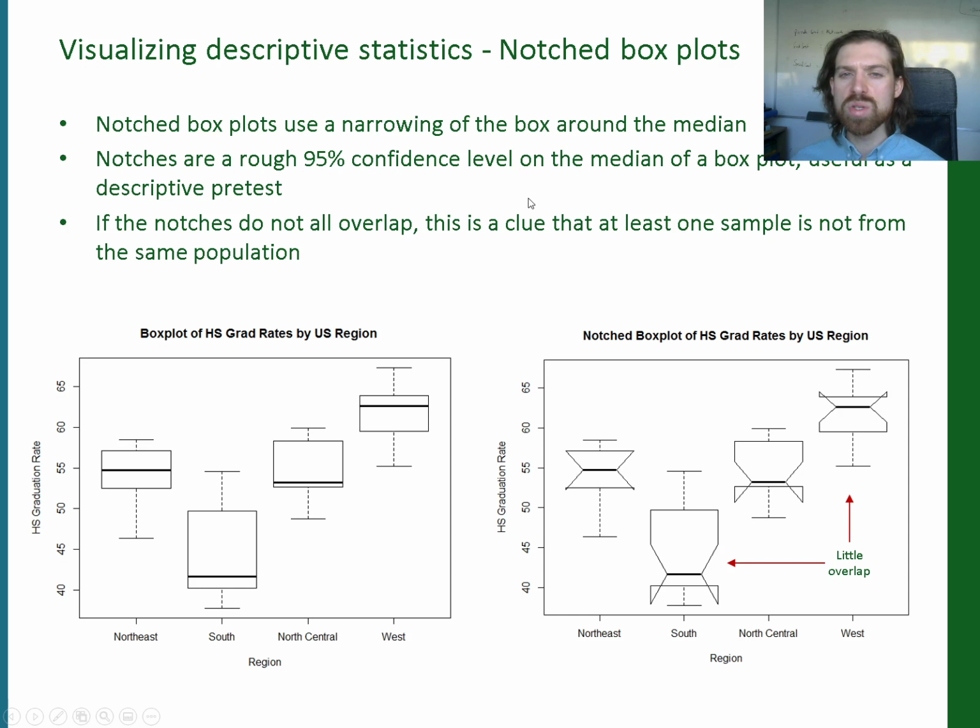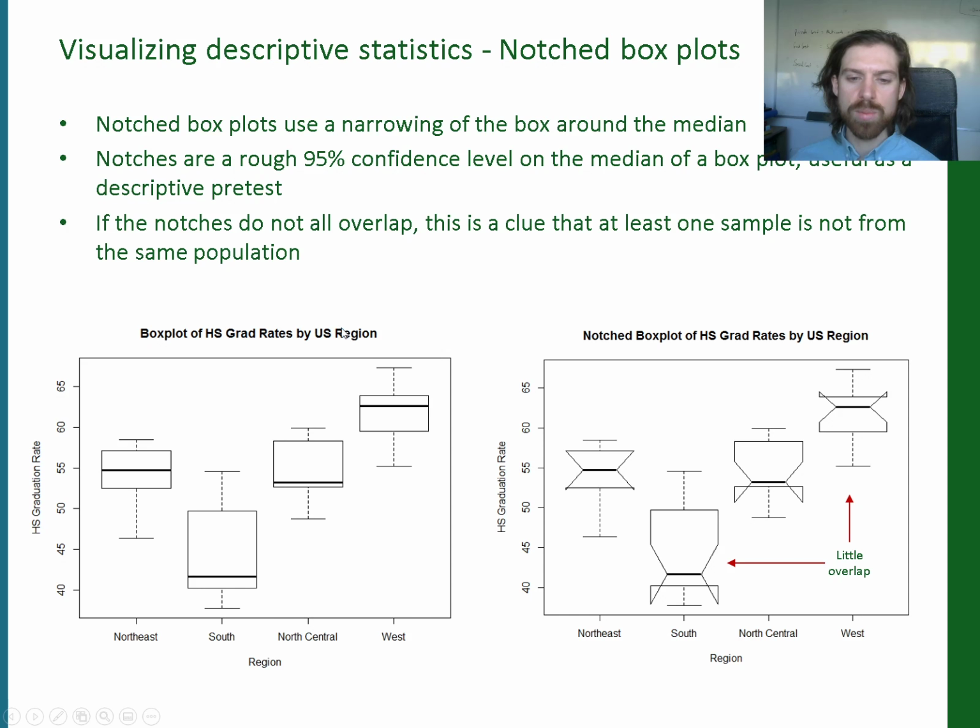So they're quite useful as a descriptive pretest to help you understand if the samples may be potentially different. So if the notches don't all overlap, then this is a clue that at least one sample is not from the same population. If we look at the box plot on the left-hand side here, we've got those regions, and we've got the high school graduation rate, and all of the states in the Northeast help us develop this box plot just here.